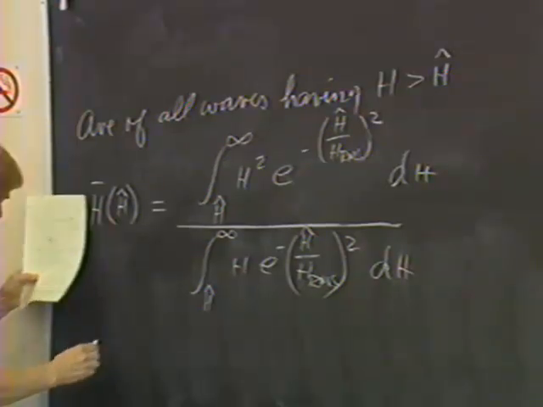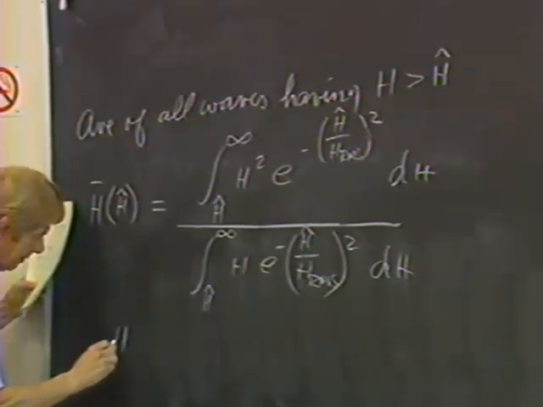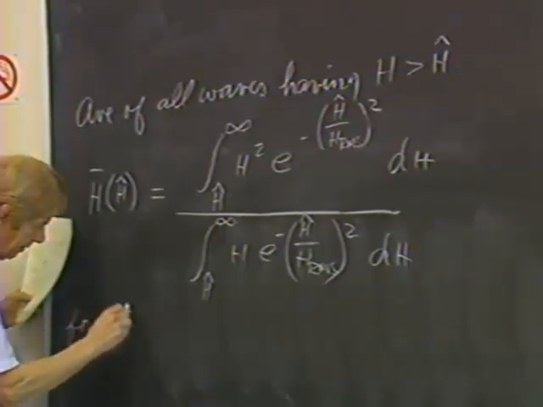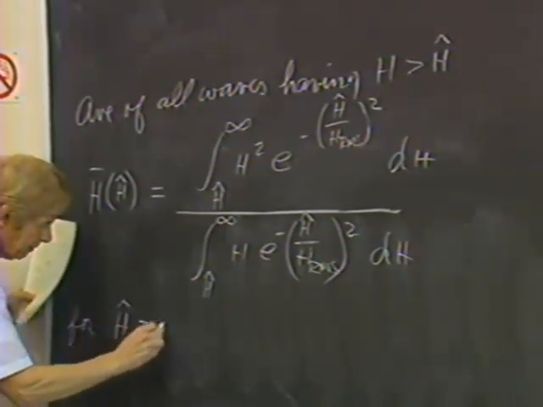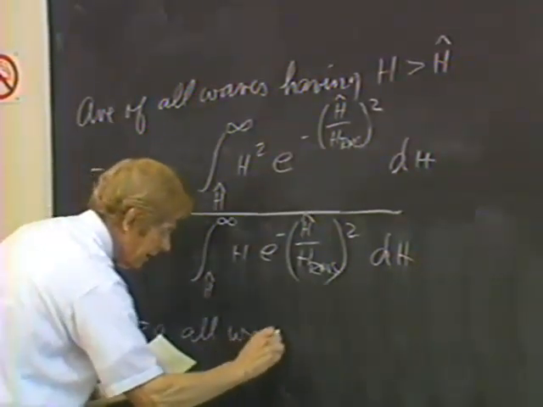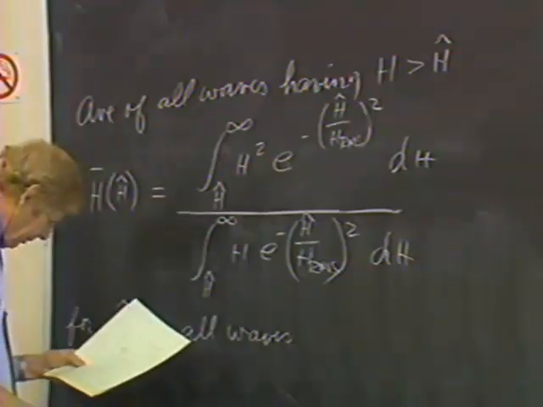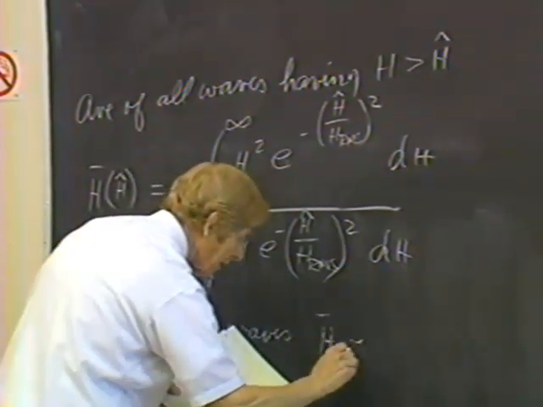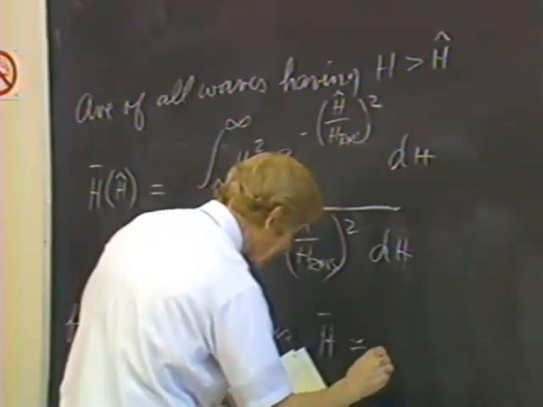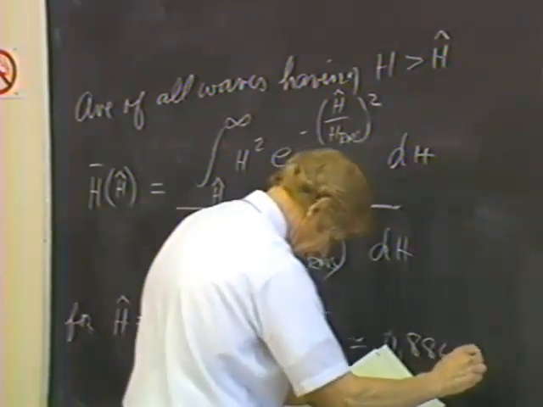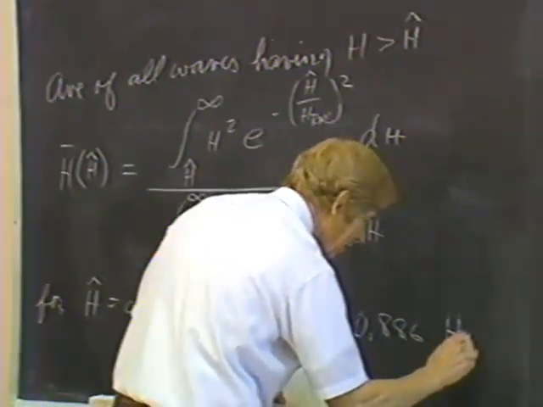For H hat equals 0, this integral turns out to be H bar equal to 0.886 times HRMS.